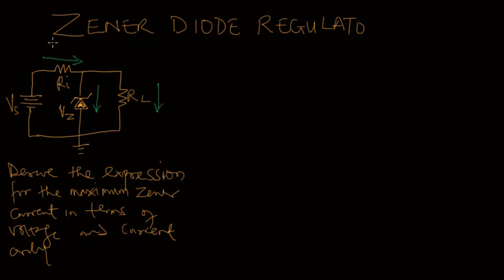So we have the input current, the Zener current, and the load current. Ri is equal to Vs minus Vz all over Ii, and that's equal to Vs minus Vz all over Iz plus Il. Of course, the input current, according to Kirchhoff's current law, will divide at this node to give you Iz and Il.